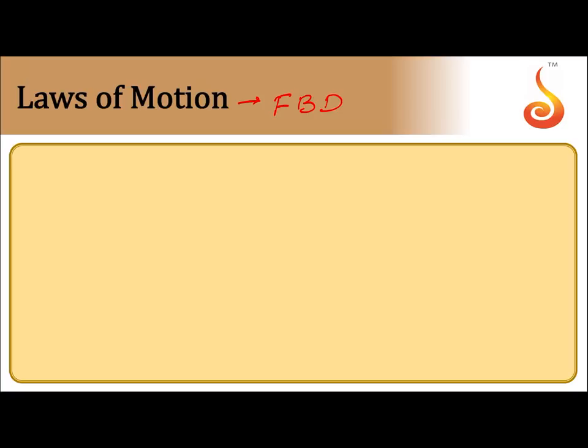For example, let us consider a very simple case. Here is an object kept on the ground. Then what are all the various forces acting on this? First of all, weight mg, and then normal reaction. So I show the forces like this, mg and N, normal reaction or normal force. So while drawing the free body diagram, what are all the forces that you need to take?